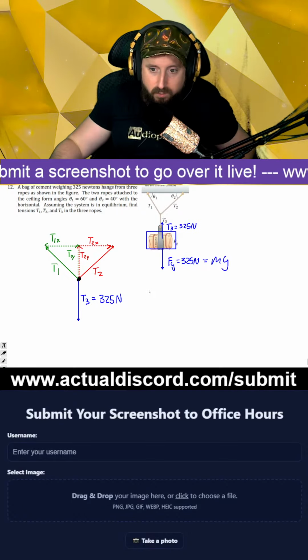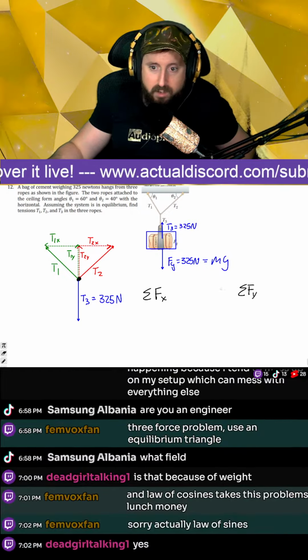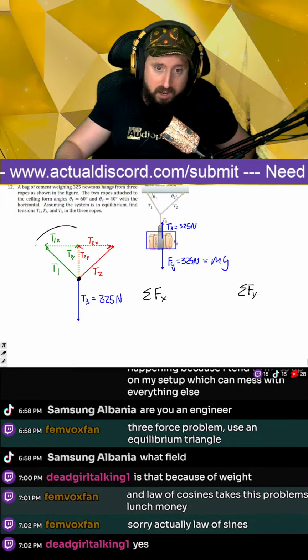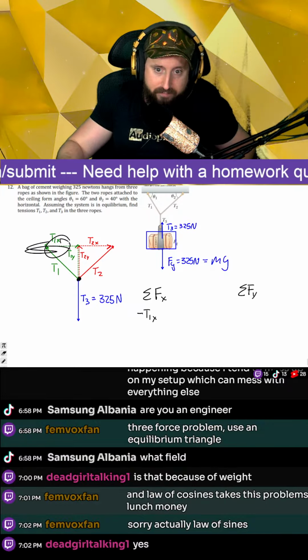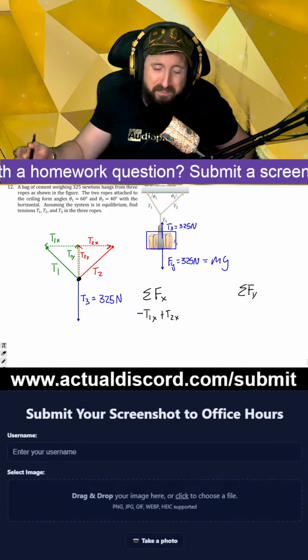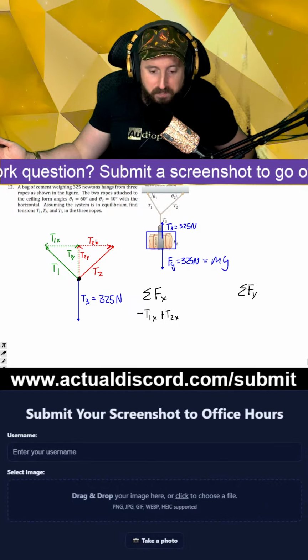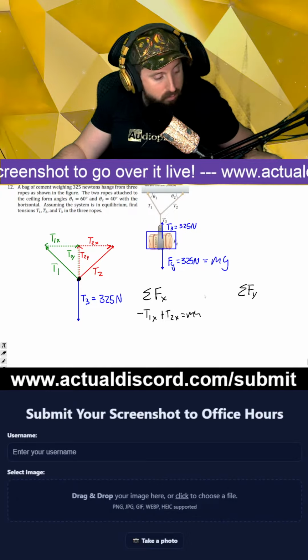So, the next thing to do is the sum of the forces in the x direction and the sum of the forces in the y direction. In the x direction, I have negative T1x, because that's pointing to the left. I have positive T2x, that's pointing to the right. And there's no other forces in the x direction. And that all has to equal the mass times acceleration, but the acceleration is 0, right?